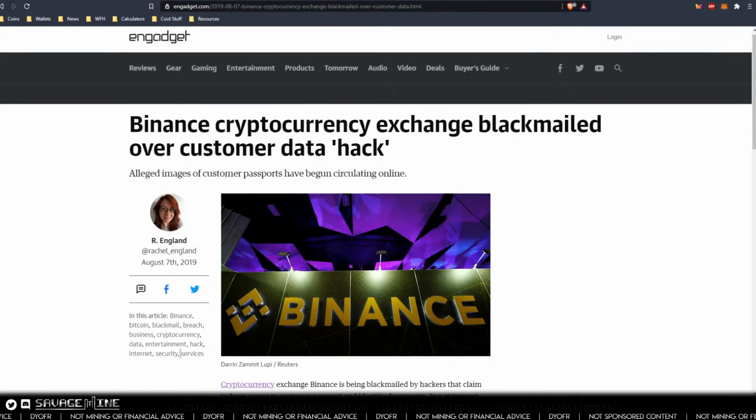Now you KYC with that company, and if they do it internally, then they have your private information. Then, as a crypto trader, you go to another exchange and you KYC with them, and then a third, and then a fourth, and then a fifth. Now you've got five separate companies that all have your PII data, your private, personally identifiable information: your passport, your driver's license number, your address, your phone number, your email addresses, all that stuff.